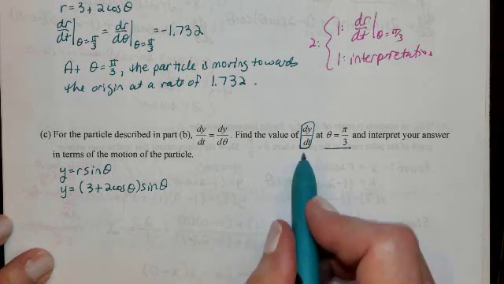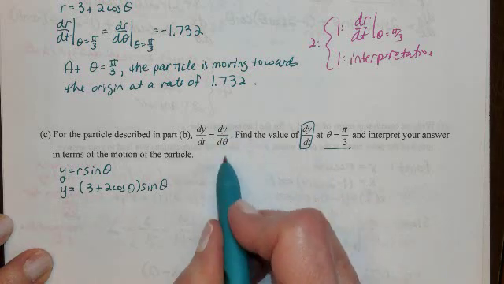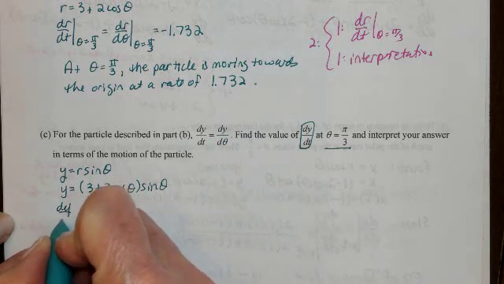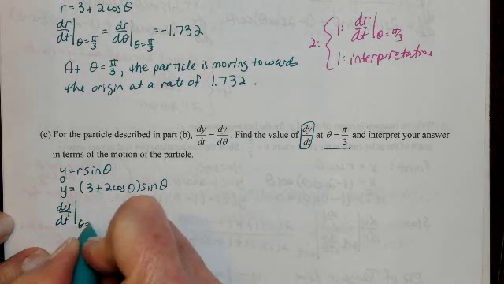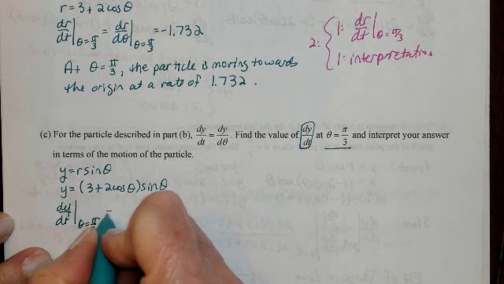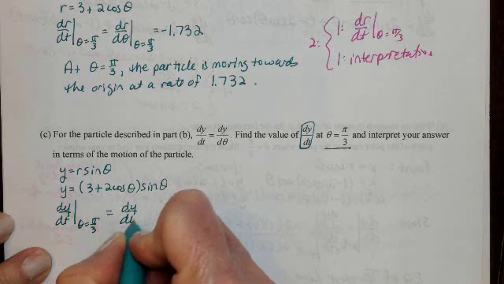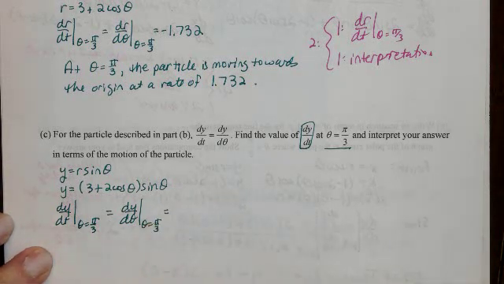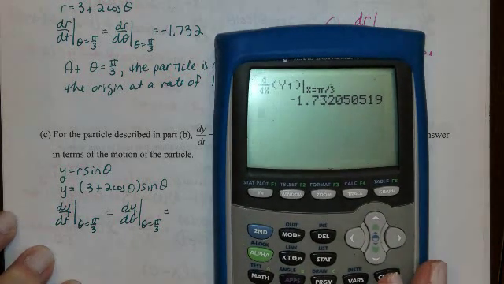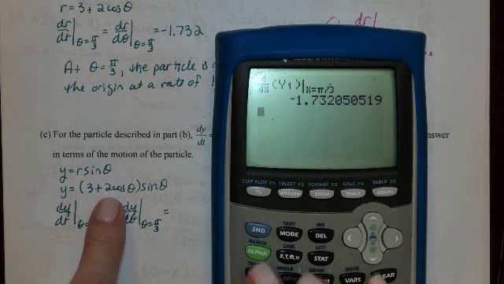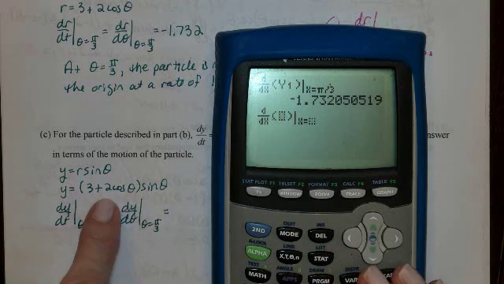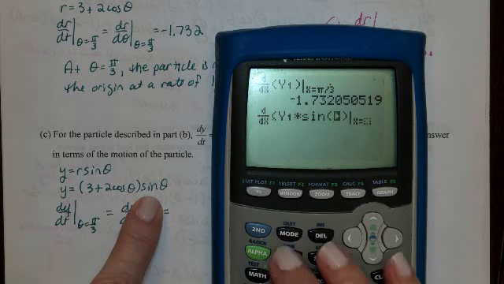Okay? I want dy dt, but it's going to equal dy d theta. So dy dt at theta equals pi over 3 is equal to dy d theta at theta equals pi over 3, which is equal to, all right, here we go. I need the derivative of this right here, which is y1 times sine of theta.